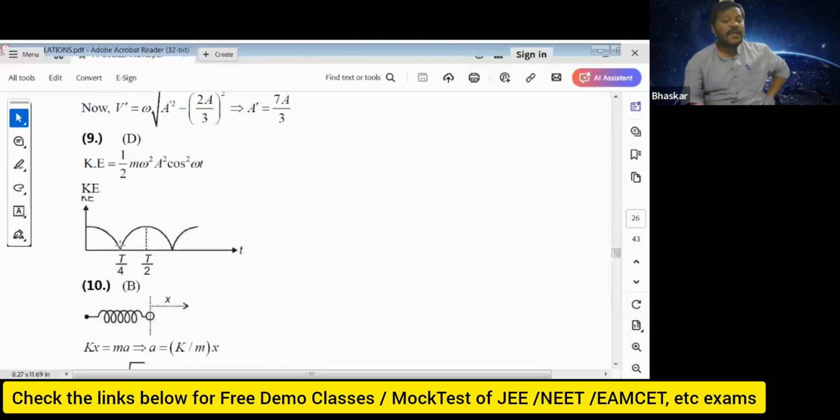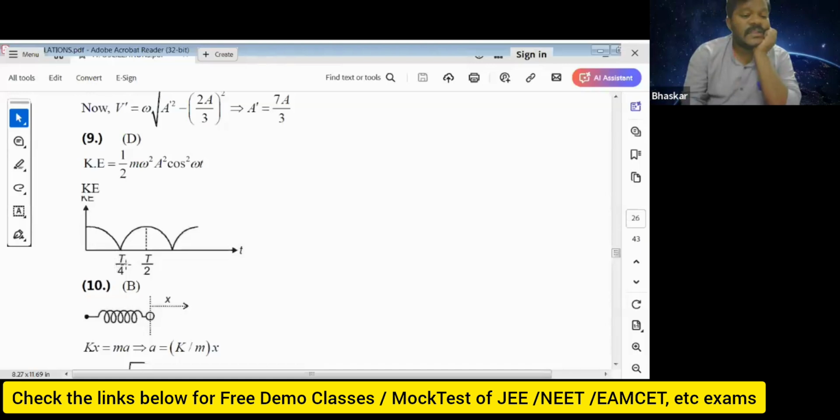Again it will come back to the equilibrium, to the other side. There it takes T by 4 time to make it. Then the velocity becomes 0.